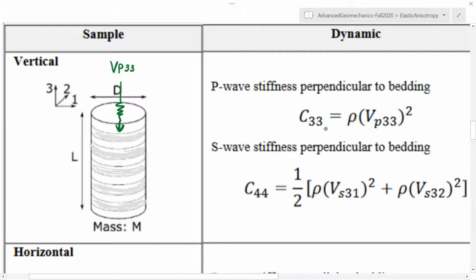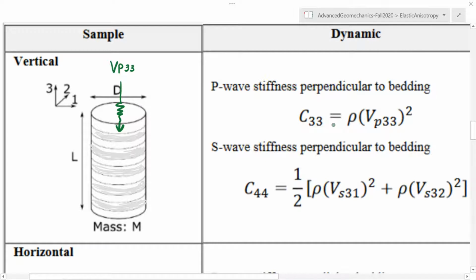And C33, by using the equations of wave propagation, we know is proportional to the mass density of the rock and to the square of the P wave velocity. Usually in the laboratory, we measure the density separately, just by measuring weight and dividing by the volume. And we measure the P wave on the other side, and by combining these two we can obtain the dynamic stiffness coefficient in direction 3.